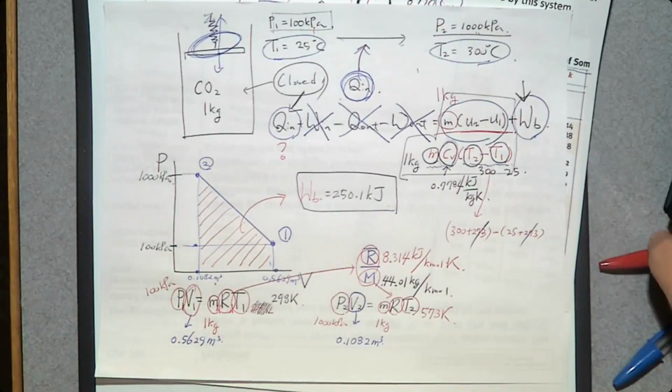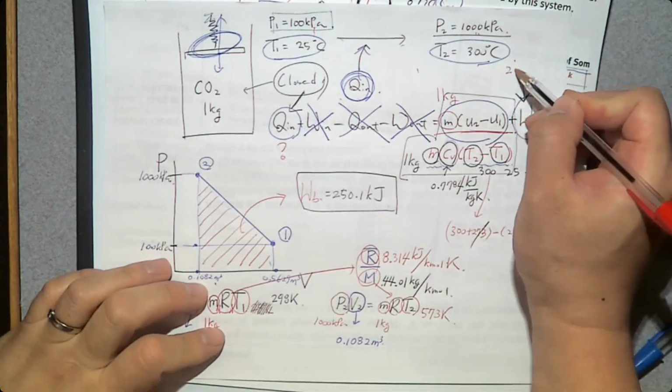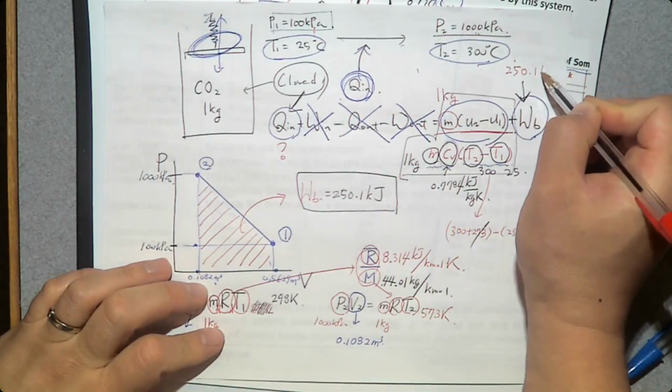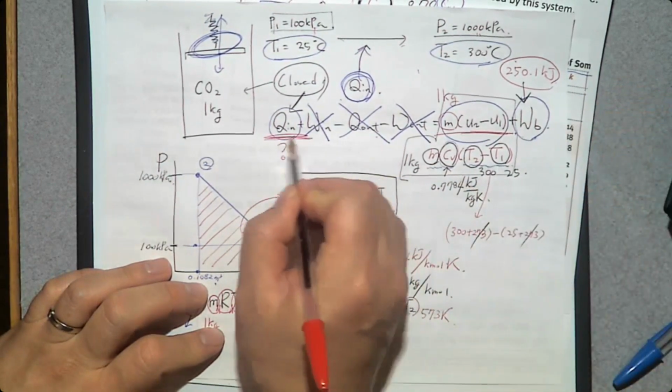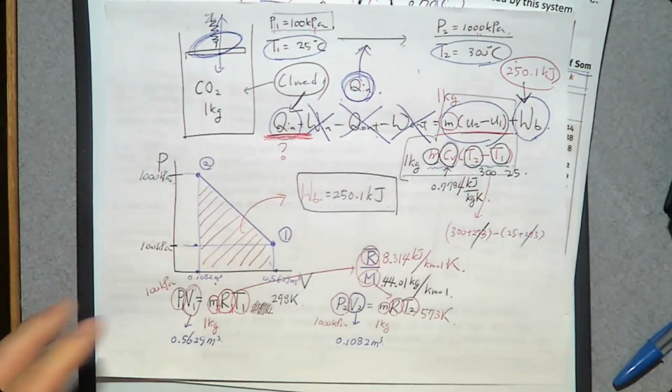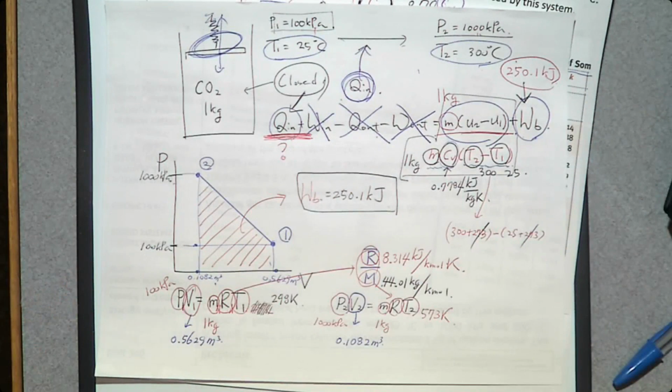Then we go back to this energy balance equation. There is WB, so we write this number there, 250.1 kilojoule. Then we have everything but Q in. Can you determine Q in this way, or did I make any mistake in the process?